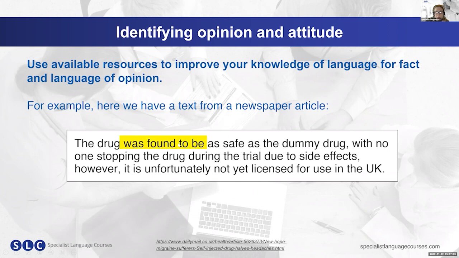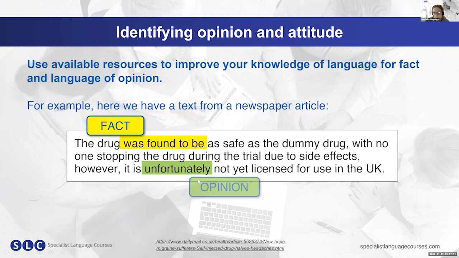Now here we've got was found to be, which is fact, yeah? But here we've got opinion, unfortunately. So according to the writer, they think it's a shame that it's not available. So using the resources available is a really good way to develop your knowledge of language for fact and language of opinion, really important for reading C.